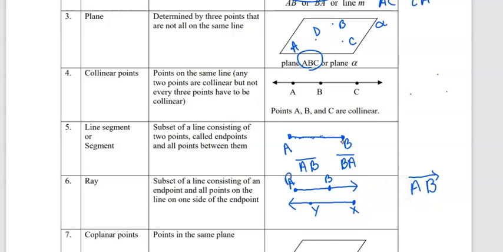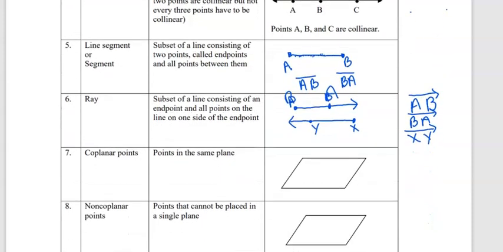If these letters were switched and this was B and this was A, then it would become ray BA because now B is the endpoint. The ray below here, when we name it, is XY with the ray symbol above it, but I know that the infinite end is going towards the Y.